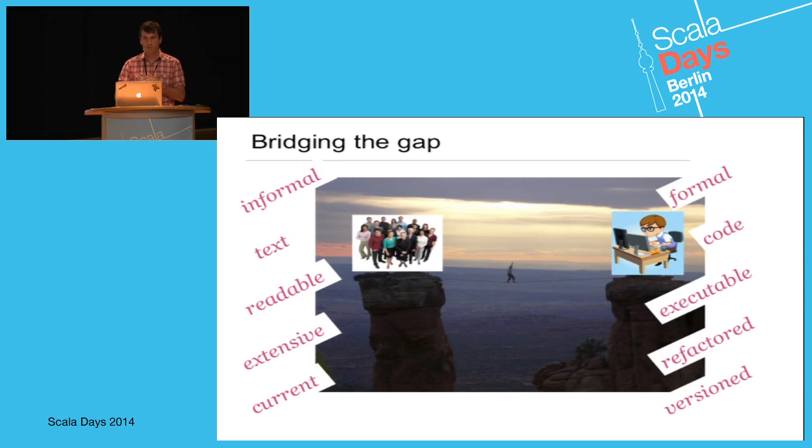If you look at software specifications written as pure text, very often the version numbers are auto-incremented or manual, and they don't keep in sync with the code, and so on and so on. So you have different kinds of properties on both sides, and different tools corresponding to where you want to write your specification, closer to each of those two sides.